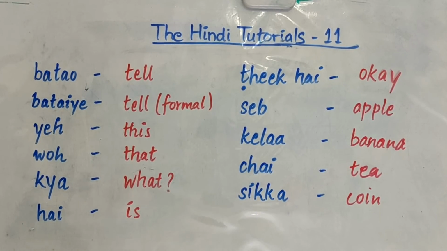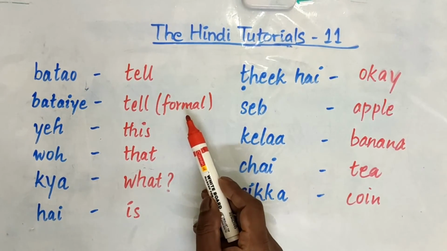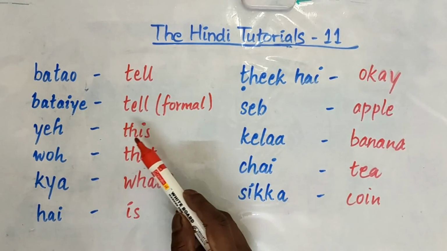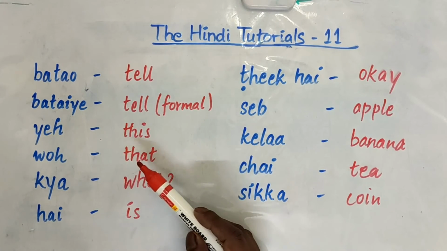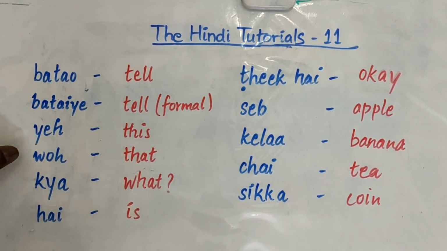Before ending the video, I would like to have a review of what we have learned today. Batao means tell. Bataiye also means tell, but it's more formal. Ye means this. Wo means that. Actually, these words are yeh and vah, but in spoken language, we don't say yeh and vah.